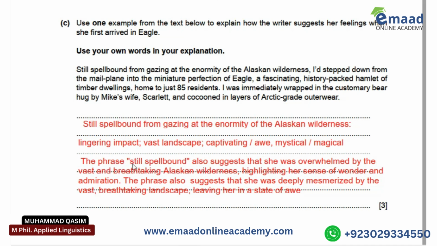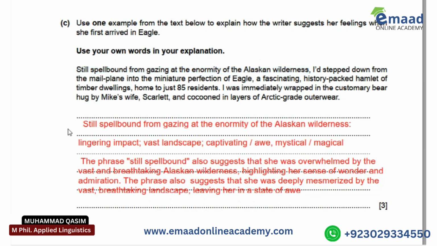The phrase also suggests that she was overwhelmed by the vast and breathtaking Alaskan wilderness, highlighting her sense of wonder and admiration. The phrase also suggests that she was deeply mesmerized by the vast, breathtaking landscape, leaving her in a state of awe. So you choose any example and you explain it well, and then you secure 3 marks for this question.